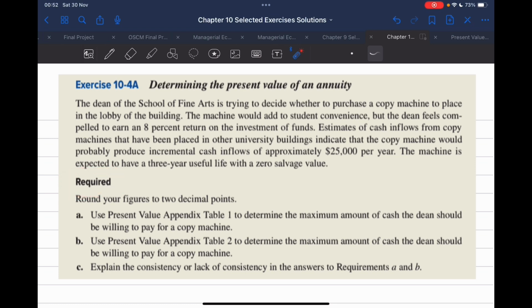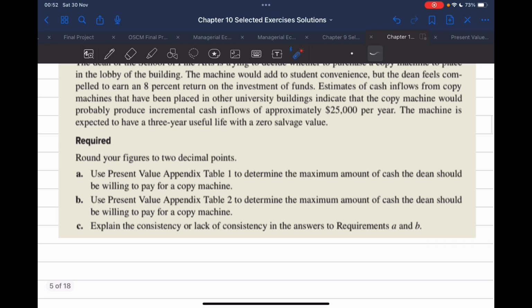So what's required here in this scenario? A, we need to use present value appendix table 1 to determine the maximum amount of cash the dean should be willing to pay for a copy machine. Regardless of the wording of this question, we can bring it back to the concept of present value.